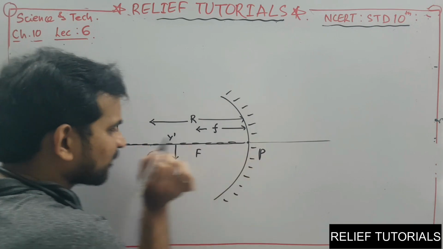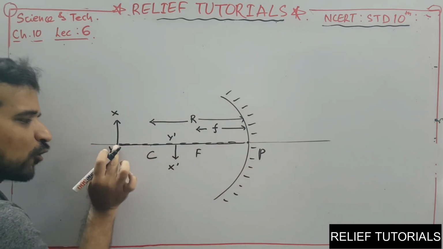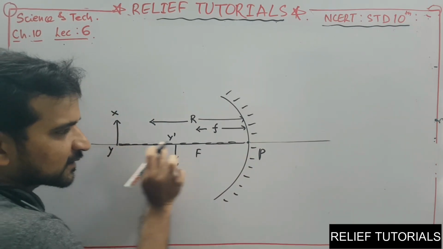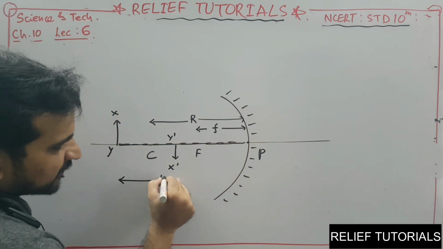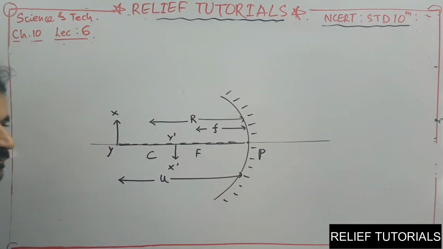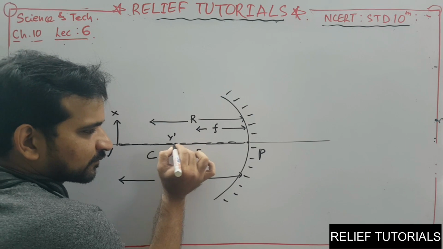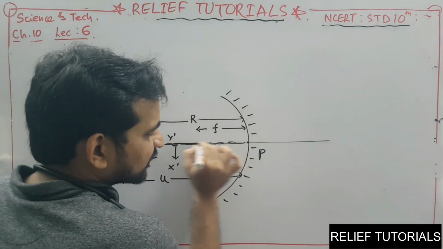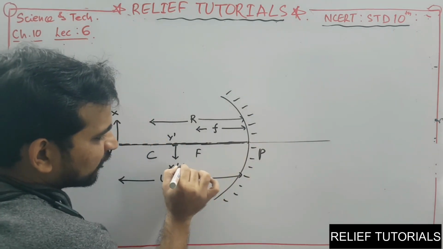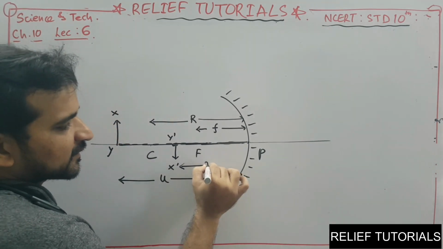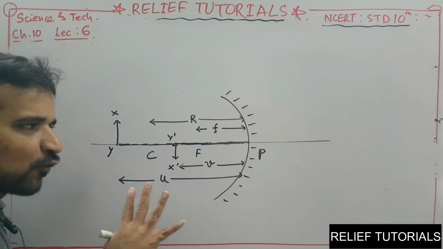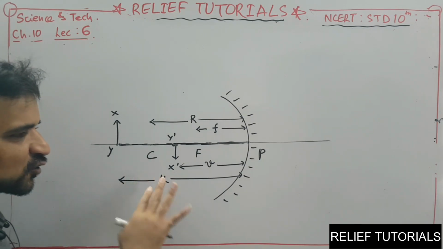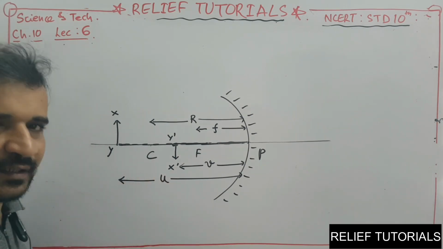The distance between the pole and the bottom point of this object is called the object distance, and the object distance is symbolized as U. Now this is the point of the image. So this distance is the distance of the image from the mirror, and that is symbolized as V. So there are four important distances to be measured in the case of spherical mirrors.